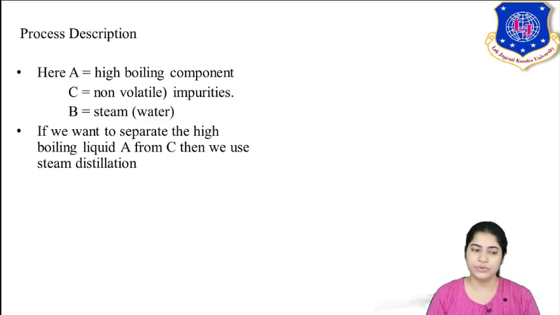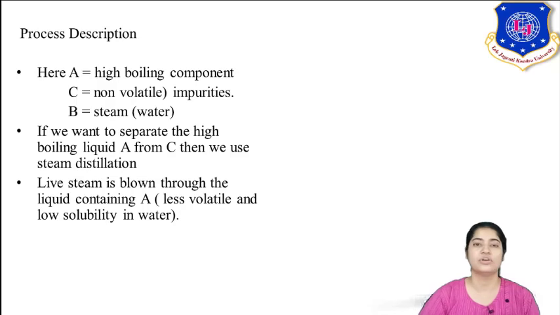So if we want to separate high boiling liquid A from C, then we use steam distillation. Why am I not using normal distillation? Because A can be thermally sensitive, it may undergo cracking. So for that kind of system we use steam distillation. Live steam is blown through the liquid containing A. It is less volatile and has low solubility in water.